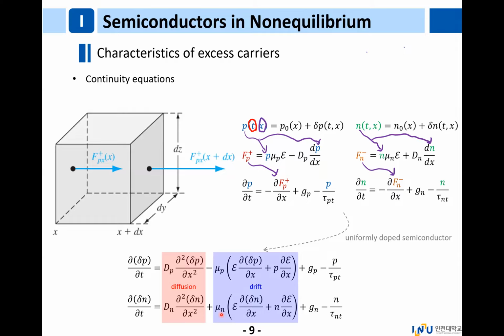And finally, the last term includes contributions from generation and recombination. In summary, if we can solve these continuity equations, we can obtain information about carrier concentrations and subsequently calculate the current.